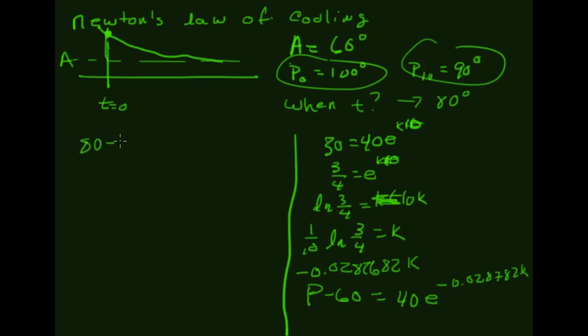So that's when 80 minus 60 is equal to 40 times e to the negative 0.0287682t. There should be a 6 there. So this is when 20 is equal to 40 times e to the negative 0.0287682t.